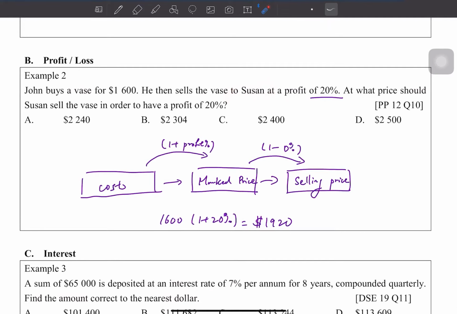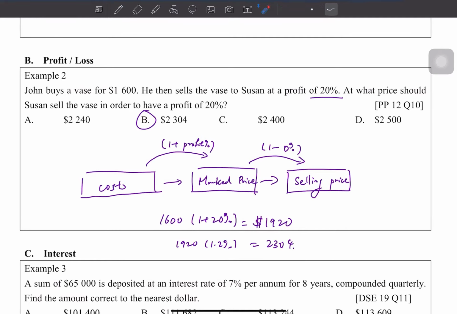If Susan also wants to make a profit of 20%, then this is the cost of Susan, and to find the selling price, we can times 1 plus 20% because we do not have a discount this time. So times 1.2 again, which is equal to 2304. So you can find the selling price of Susan.